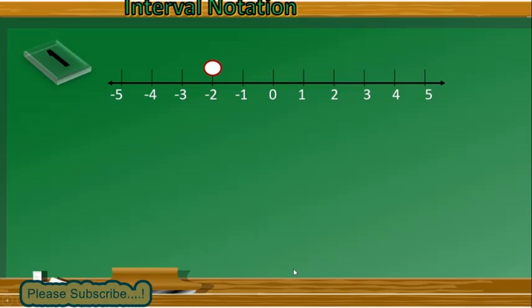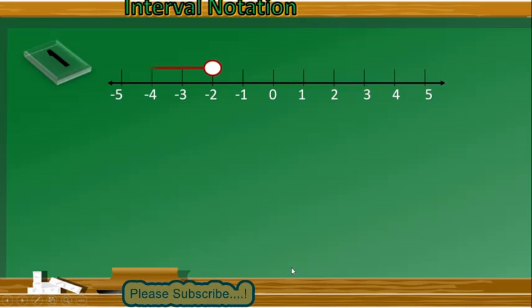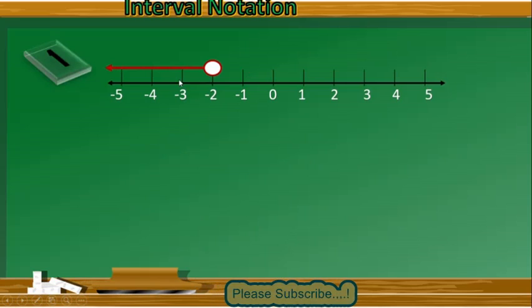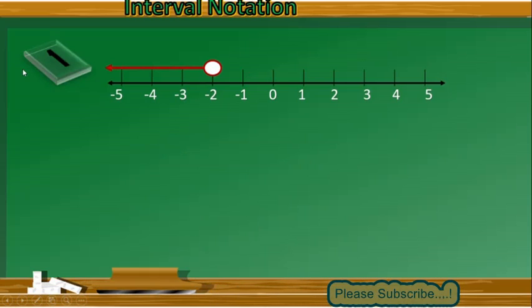Okay, next one. How about this one? We have an open circle going to the left, going to negative infinity, and the other one is from 2 to positive infinity.